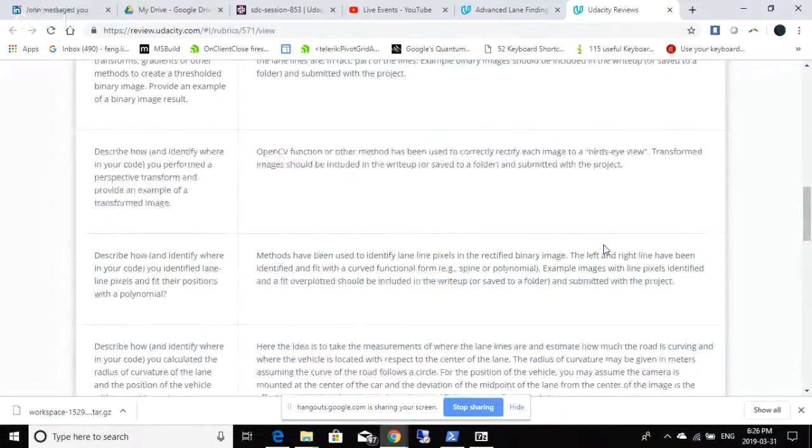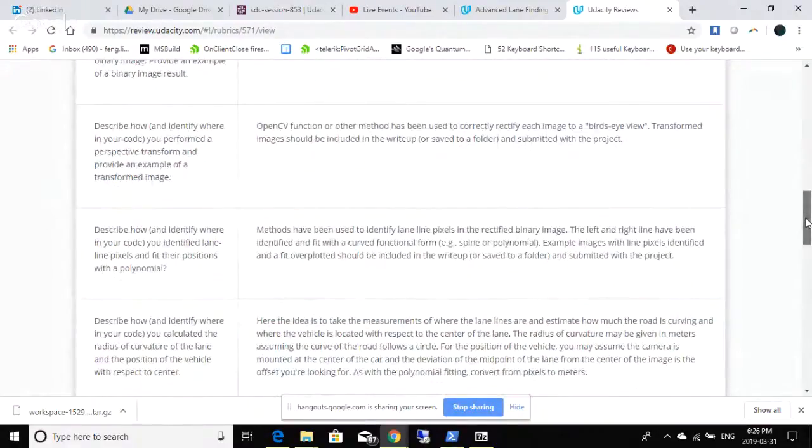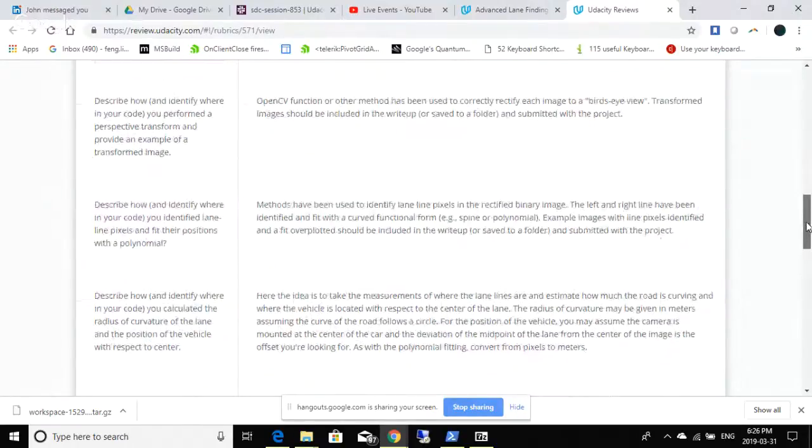Okay, an OpenCV function or other method has been used to correct and rectify each image for the side view transform. The image should include the write-up for this project, describing how and identifying variables in the code that perform this.